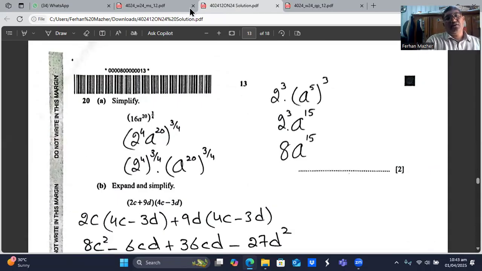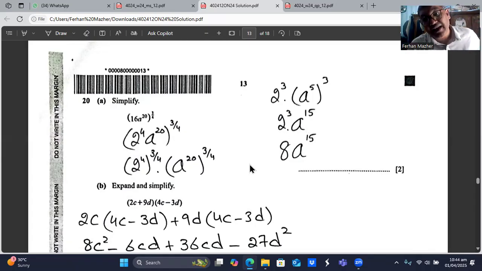And then you can see this is a raised to power 20, the whole thing raised to power 3 by 4. So this power is for both of them. So give them separate powers. So 2 raised to power 4 raised to power 3 by 4. So 4 and 4 will be cancelled. You are left with 2 raised to power 3. So a raised to power 20 raised to power 3 by 4. 4 and 20 cancel. 5, 5, 3 is 15. So you're left with a raised to power 15.